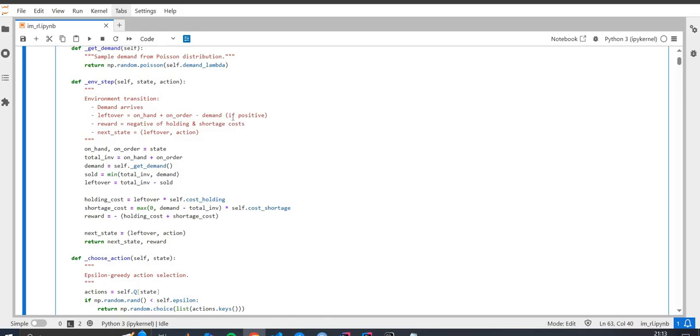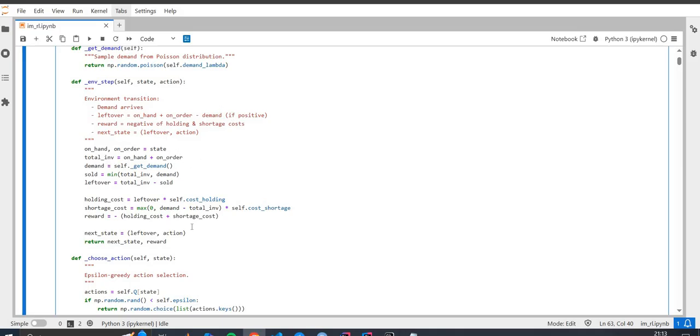After that, we calculate costs, and if there is leftover inventory, we apply a holding cost. If demand exceeds supply, we apply shortage cost, and the reward for the agent is simply the negative of this cost. So the lower the cost, the higher the reward.